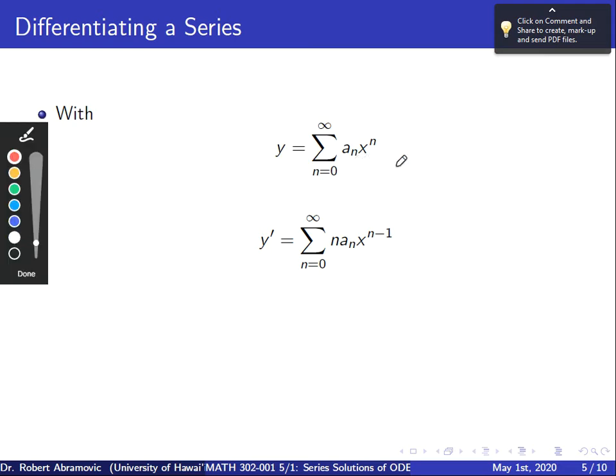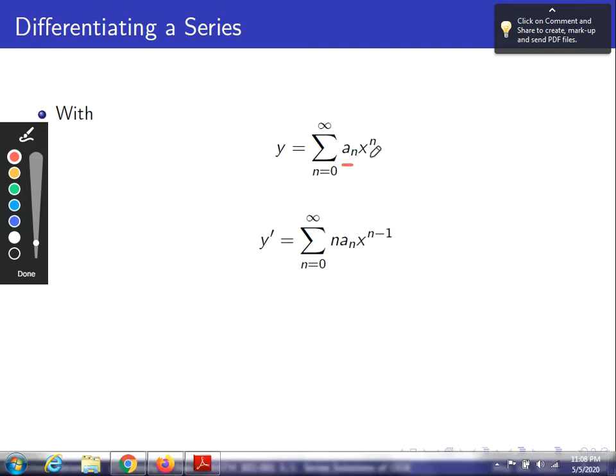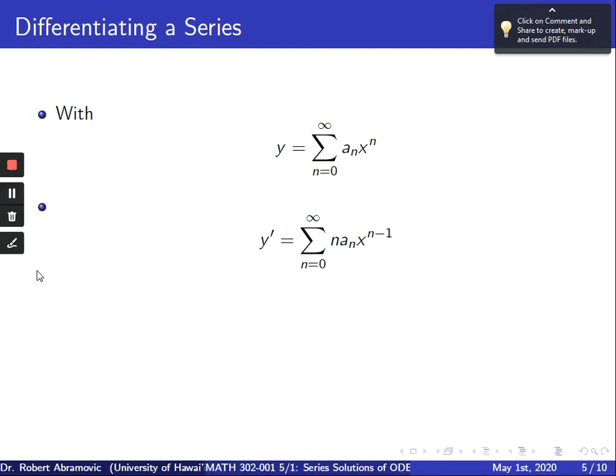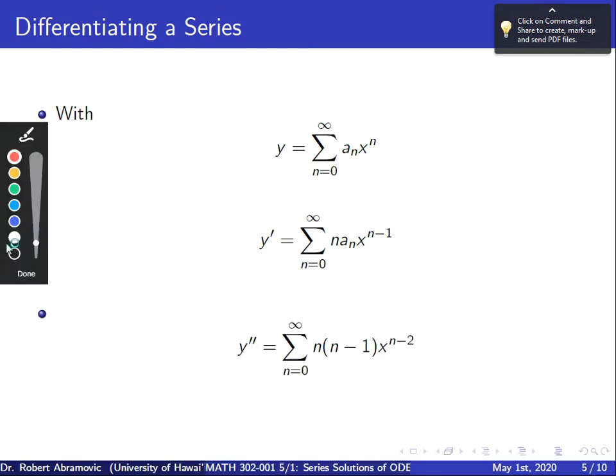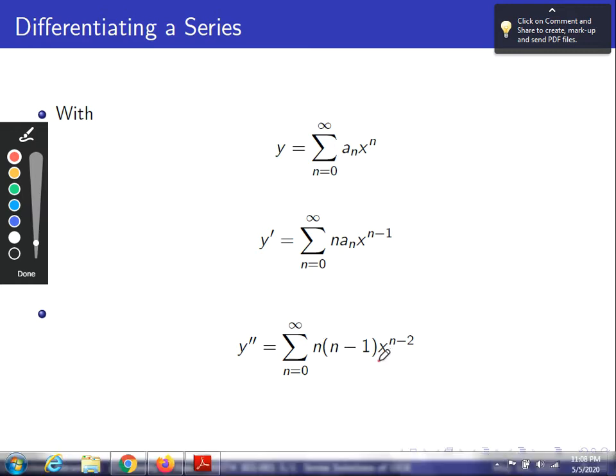But differentiating polynomials is really straightforward. You leave a sub n alone, bring the exponent down, and subtract 1. It's just the power rule. n times a sub n times x to the n minus 1. Power rule again, you get y double prime is n times n minus 1 times a sub n times x to the n minus 2.